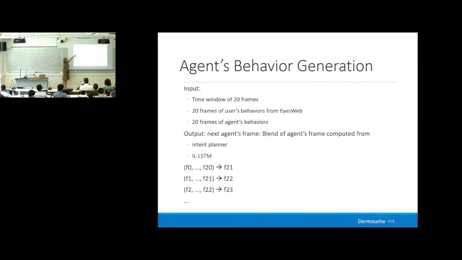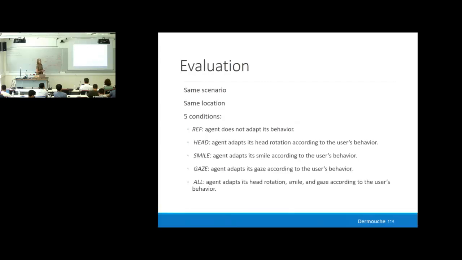Given the 20 frames of the user and the agent, the LSTM predicts what happens in the next frame, and we blend it with this one. And we slide the window frame by frame. Okay? So that was done in real time, and now we needed to evaluate this model.